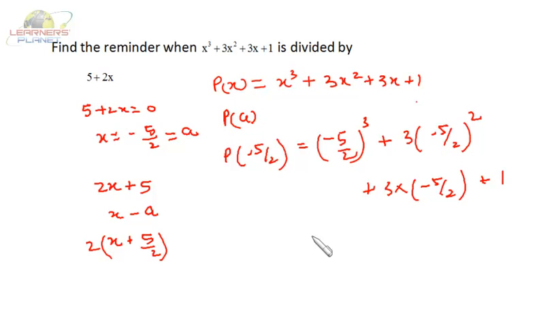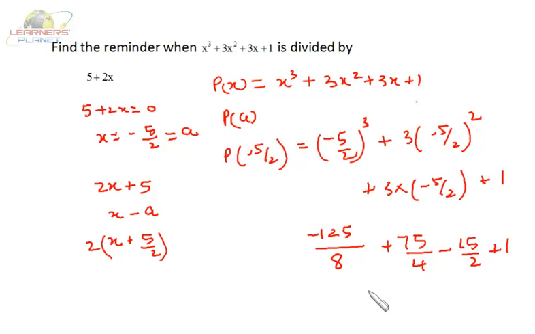So minus 5 cube is minus 125 and 2 cube is 8, plus 5 by 2 square is 25 by 4, and 25 into 3 is 75. So it will be 75 by 4, and minus it is 15 by 2, plus 1.